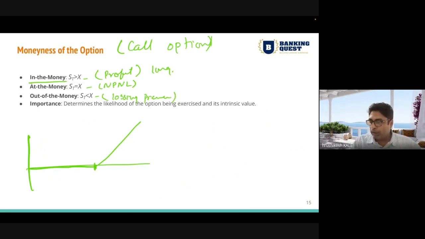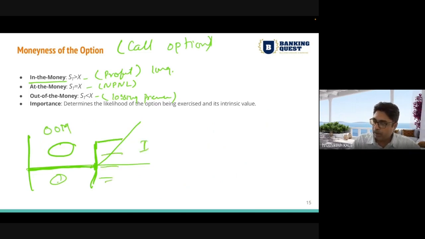So the value from here to here is out of the money. Here to here is in the money. OTM, ITM, and this is at the money.